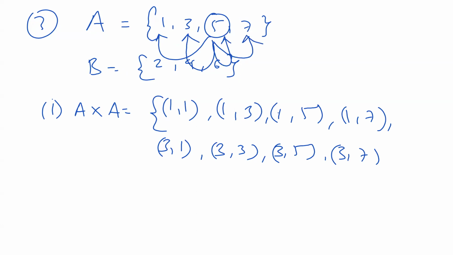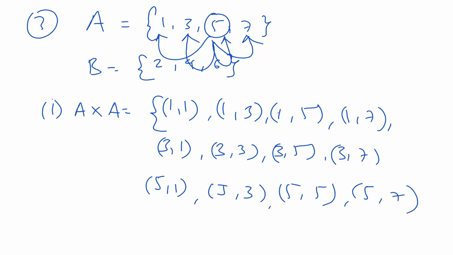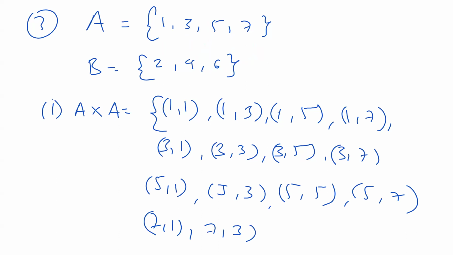So 5, 1, 5, 3, 5, 5, and 5, 7. Okay, and then for 7, 1, just a second. So it will be 7, 1, 7, 3, 7, 5, 7, 7.